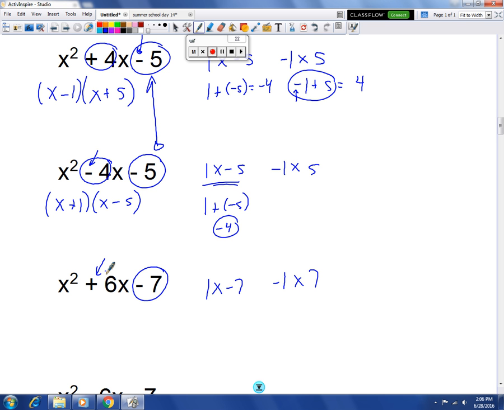The larger number has to be positive in absolute value. The 7 is a 7 and a 1. 7 is larger, so that has to be the positive one. So we're going to use these. A negative 1 plus 7, that's our 6. So x minus 1, x plus 7.